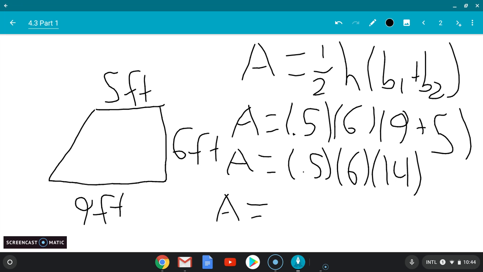I could enter all of them into a calculator, 0.5 times 6 times 14, and I'm going to get 42. But I'm not going to leave it like that. I always have to use my units. So in this case, we were given all of our units in feet, so the area is going to be 42 feet. And once again, area is always squared, so 42 feet squared. So that's the measure of the area inside of this trapezoid. Okay, it's 42 feet squared.